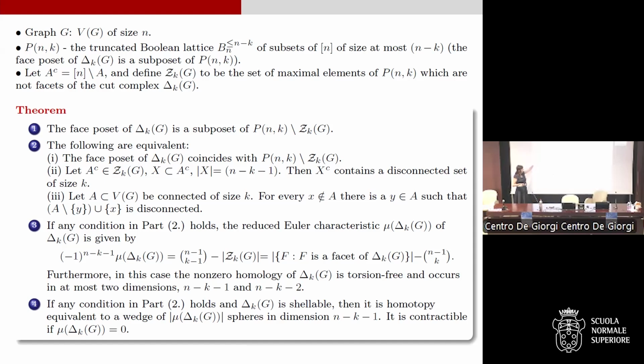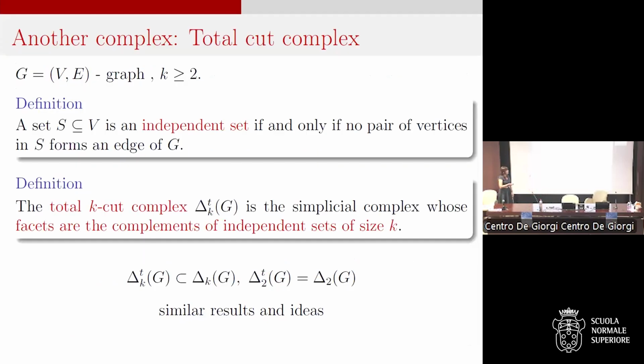And if we have any of these combinatorial things in the poset, and we also know that it is shellable, we actually know what the homotopy type is. And also here, for example, without shellability, we can say that our cut complex is torsion-free and that homology occurs in at most 2 dimensions. So things like that, just the flavor of poset topology.